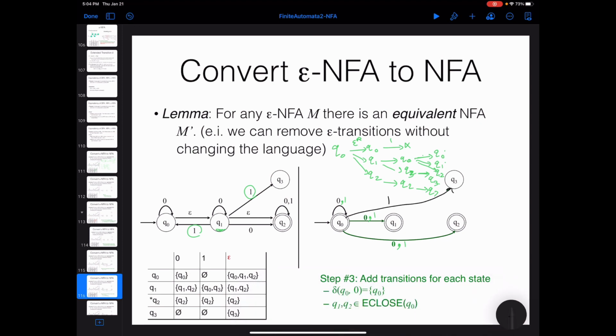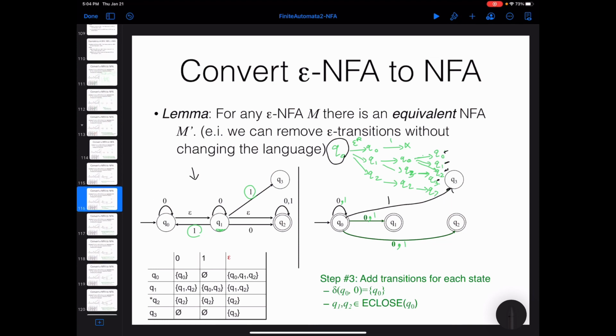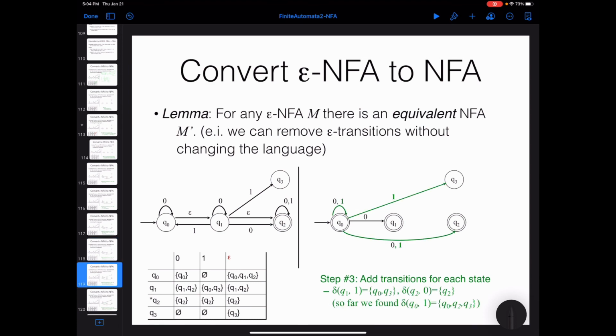All of them marked with 1. Because if you start from Q0 in your original epsilon NFA, by reading only one, you can end up in all of these states. So I need to add a transition for all of those states in my equivalent NFA. So now I am done with Q0.